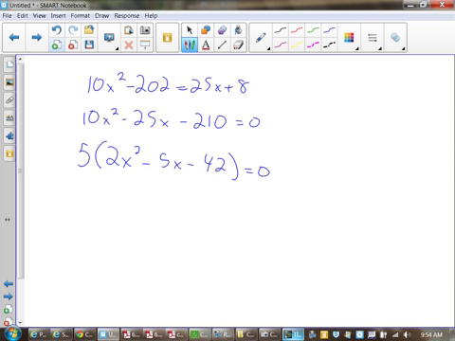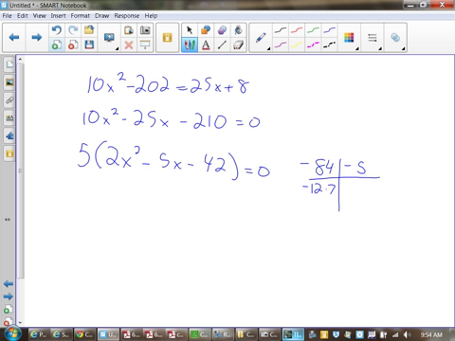What are the two numbers I have to multiply? 2 and 42. So, what are your factors of 84 that you can add together to get negative 5? You're looking for factors of 84, negative 84, to add together to get negative 5. So like 12 and 7. Negative 12 and 7?